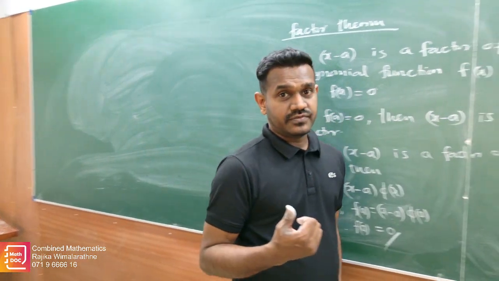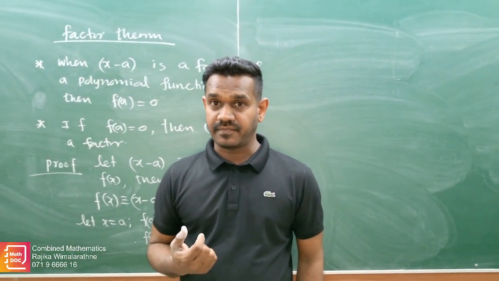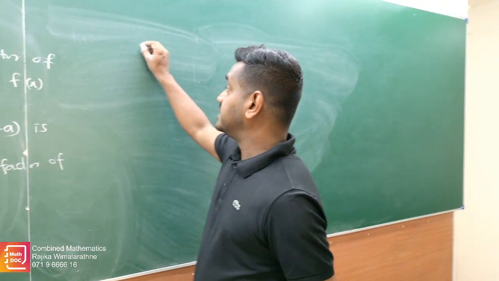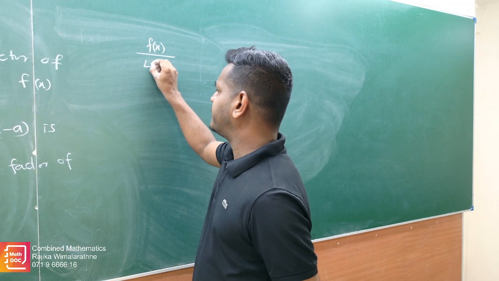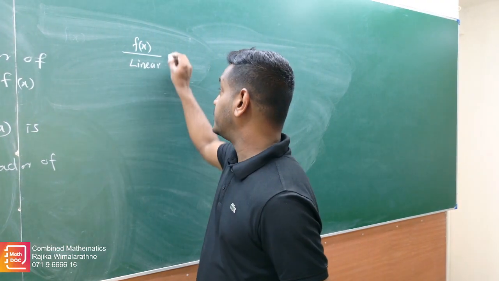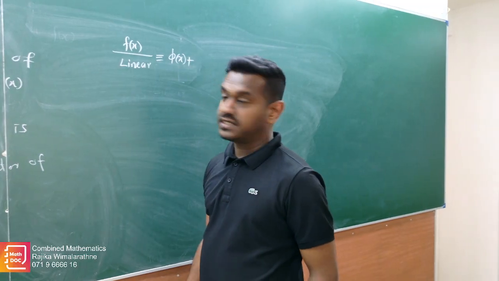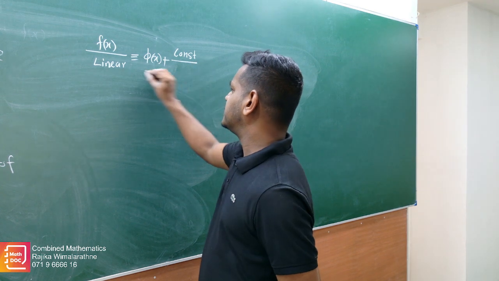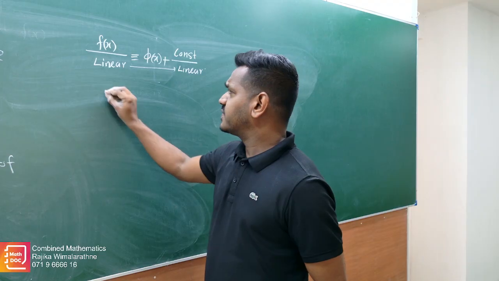Thereafter we mainly focus on the division algorithm. As an example, when f(x) is divided by a linear factor, here this will be the quotient, and here the remainder will be a constant.